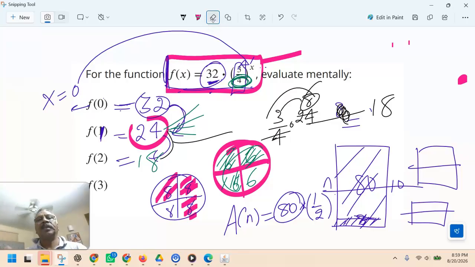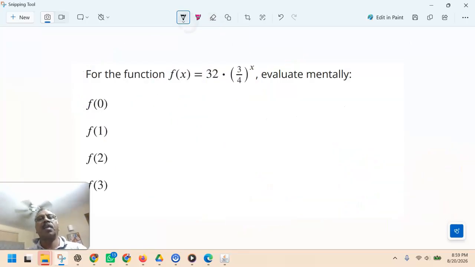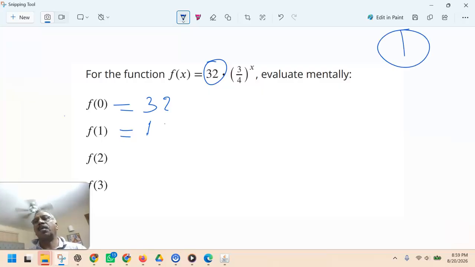And if you want to figure out all of them, what was the first one? 32 was the beginning. Then you take 3/4 of it. Let's do this. Remember it was 8, 8, 8, 8, and you have 3 of them, which is 24.